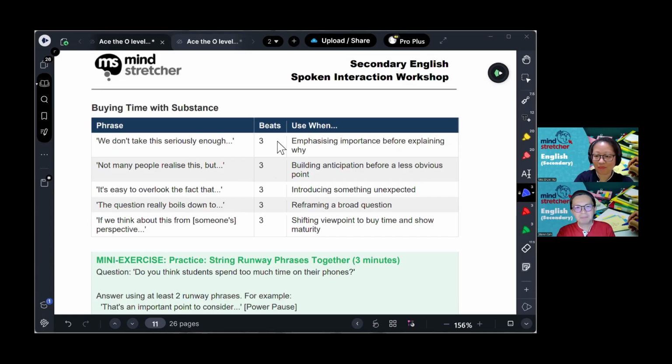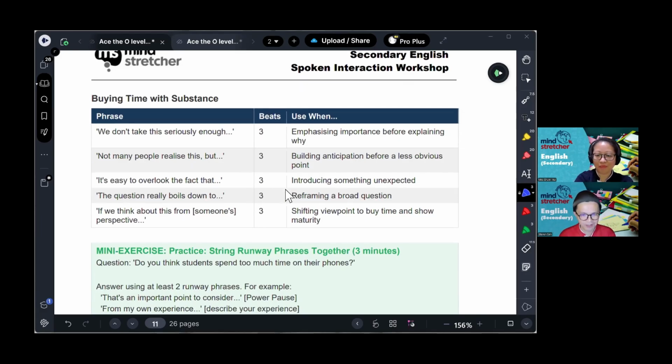If we think about this from the young child's point of view, from the government's point of view, from the school's point of view, from the parents' point of view, so we can use these runway phrases.